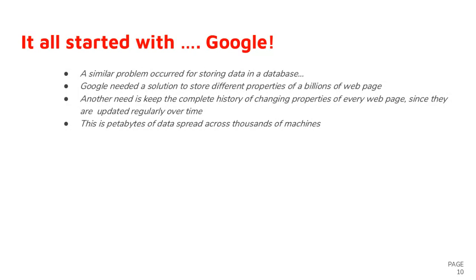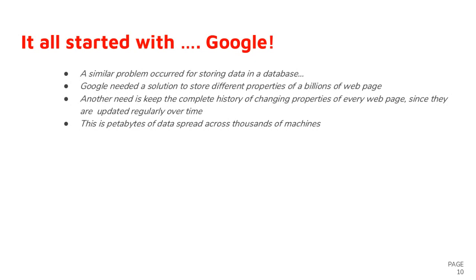Then a third problem was also similar in nature, for storing data in a database. Again, they have billions of web pages, and each web page has a number of properties: the title of the web page, how many users visited that web page, links to other web pages, and so on.